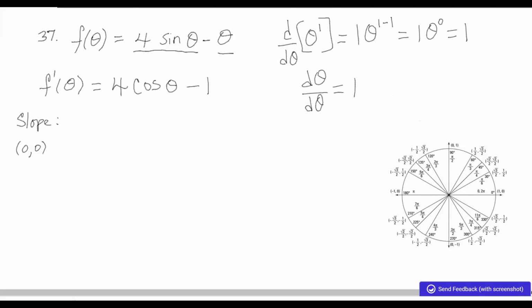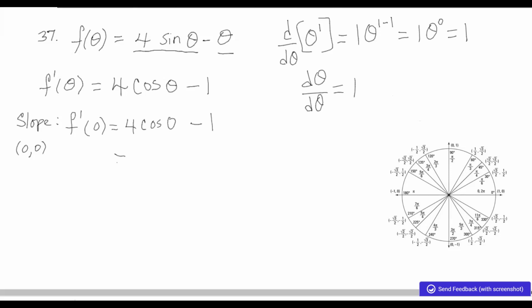And your independent variable is always going to be your first number in your ordered pair. So the slope of the curve is going to be f prime of 0, which is equal to 4 times the cosine of 0 minus 1.